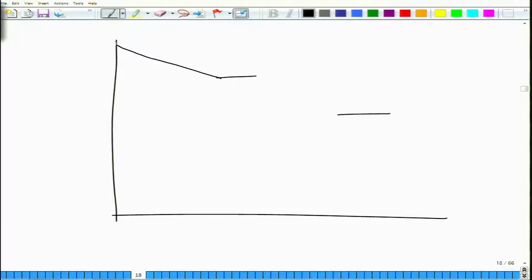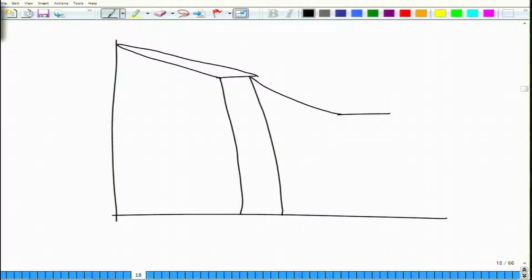It goes through a series of peritectic reactions, and so on and so forth.